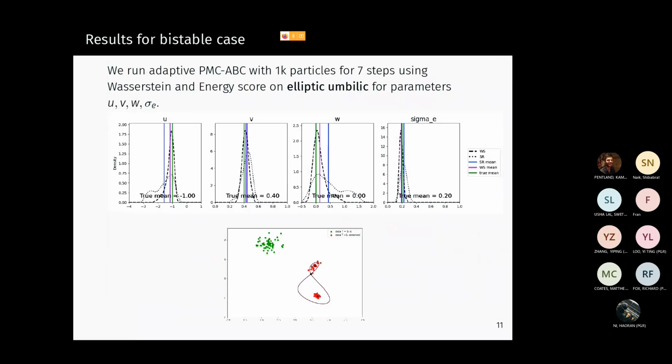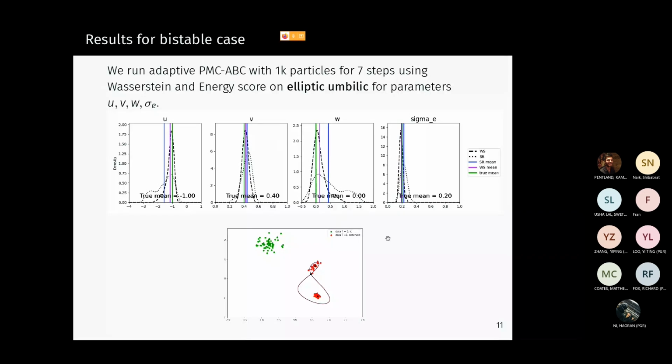We can look at all 3 parameters and the noise together. We can see that both posterior distributions, these are the marginals, are quite concentrated around the true value, and the posterior means are quite good. The Wasserstein takes a bit more to estimate one of the parameters, but it's a pretty good result.